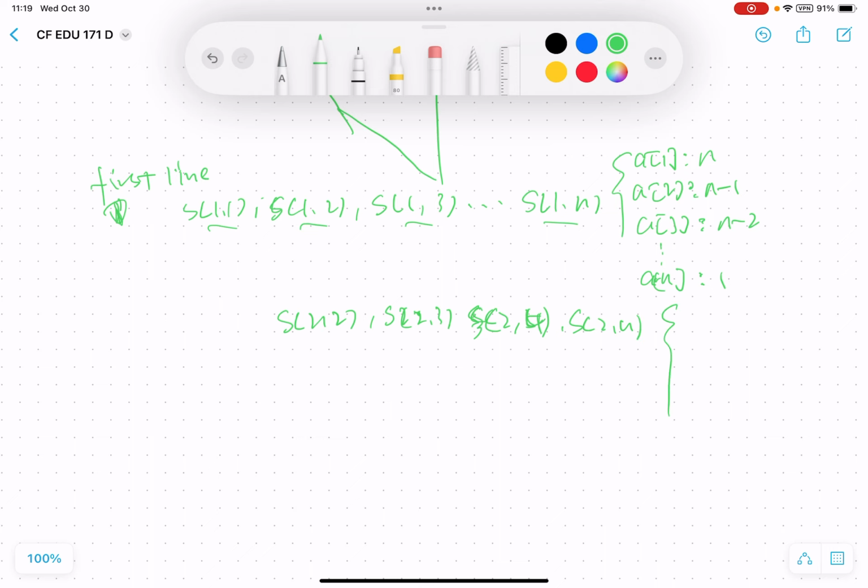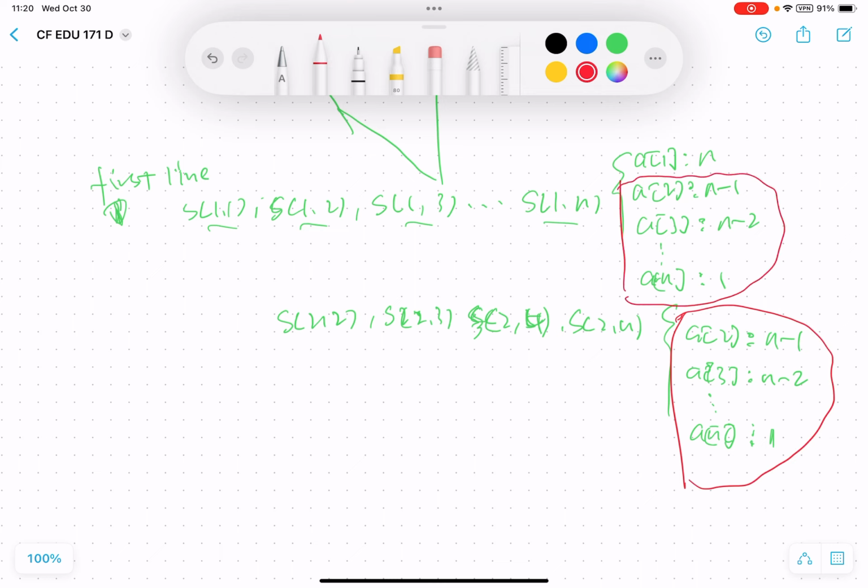For the sum, there is no A1, so A2 is used n minus 1 times, A3 n minus 2 times, An 1 time. We will find the sum of the second line is the sum of the last n minus 1 elements of the first line. So if we add only one element, A1, to the sum of the second line, we will know the sum of the first line. That is how we calculate the sum of every line.